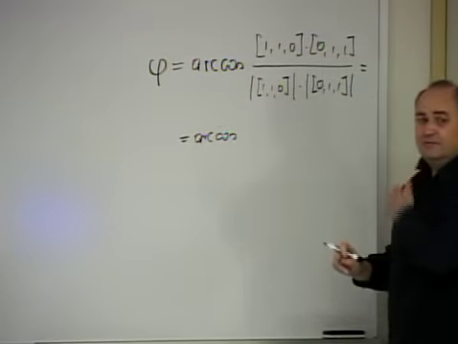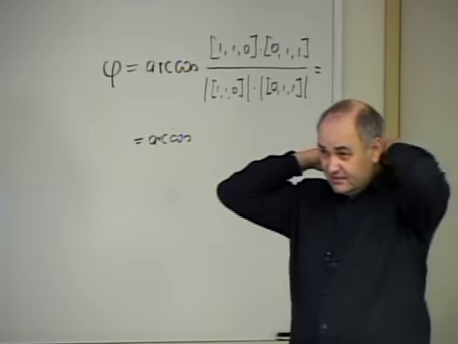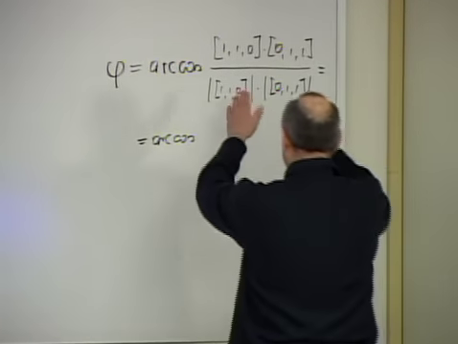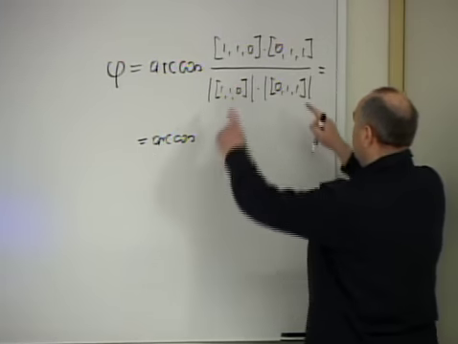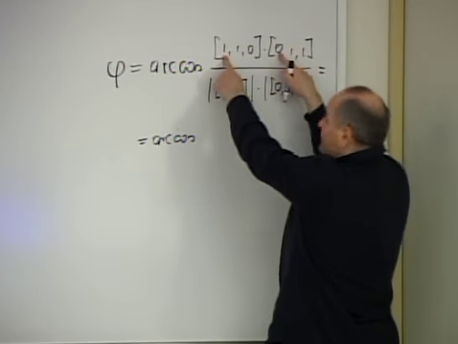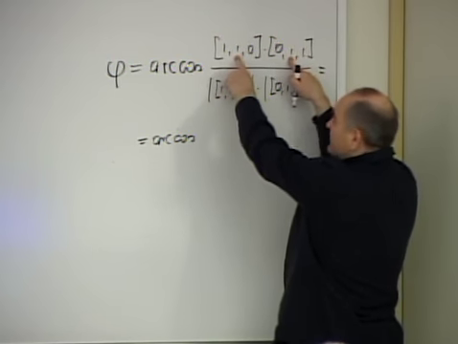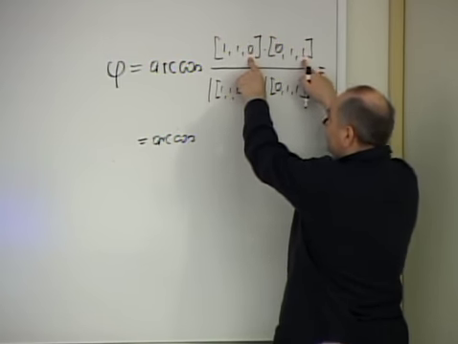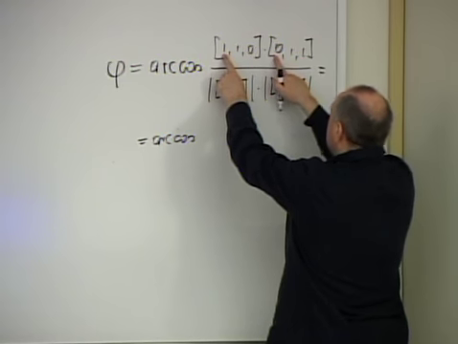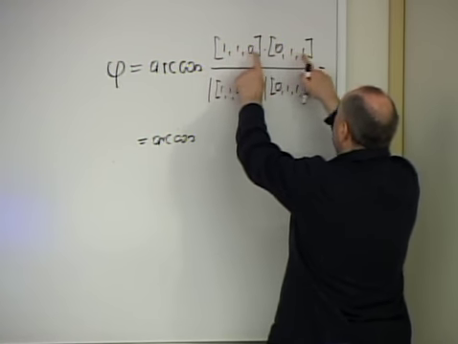When we know scalar components, well, actually, for those arrays, we multiply the first number by the first number, add the second number times the second number, and add the third number times the third number. So it is 0 plus 1 plus 0.